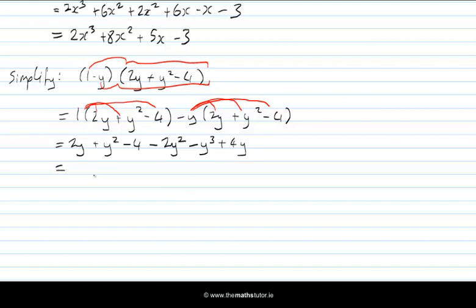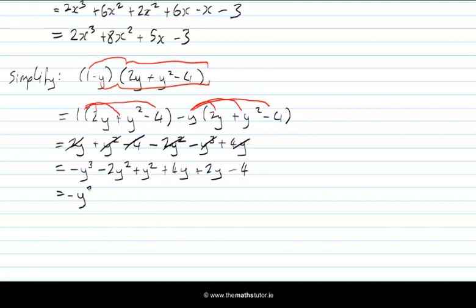Now I'm just going to do a bit of rearranging, put minus y cubed first because it's my highest power of y, then a minus 2y squared plus y squared, so that's those 3 gone. Now a plus 4y from there, and a plus 2y from the very beginning, and a minus 4. So that's everything brought down to this next line, and now I can just tidy it up.